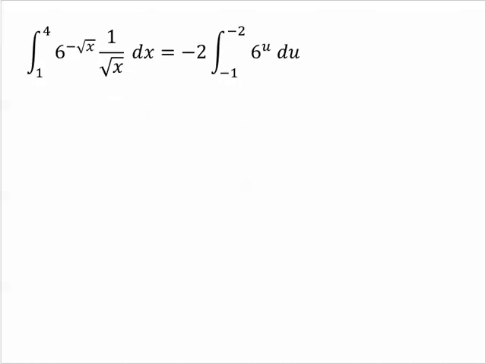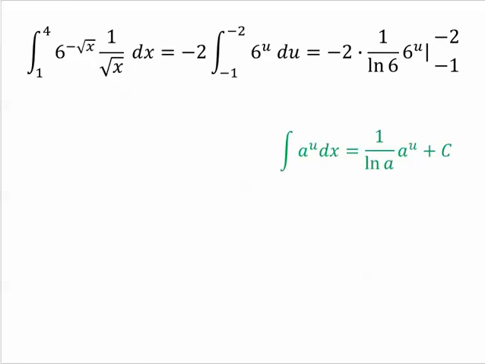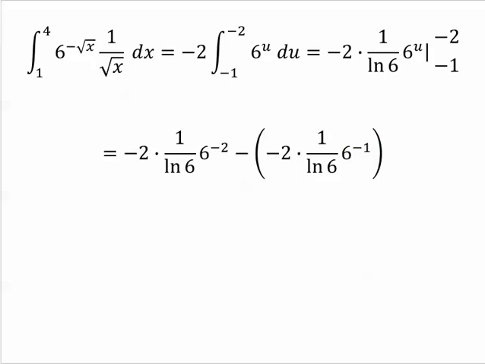Now, since I've changed the bounds, when I integrate, I will not substitute back. So at this point, we just want to find the antiderivative. So we find the antiderivative, and then we evaluate it. Now, 6 to the negative 2, that's 1 over 6 squared.